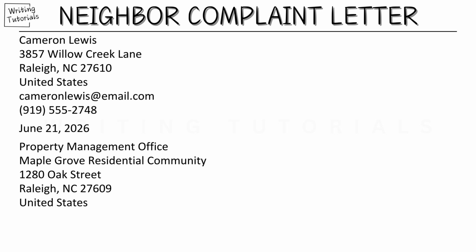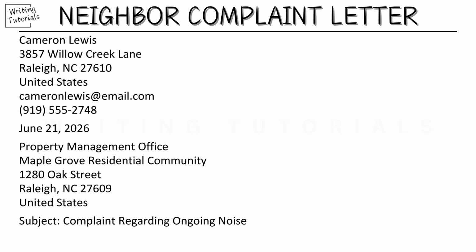Always direct your complaint to the appropriate authority whenever possible. Subject line. Next comes the subject line. Subject: Complaint regarding ongoing noise disturbances. This is a clear and professional subject line because it immediately identifies the issue being reported. The property manager can quickly understand the purpose of the letter before reading the details.